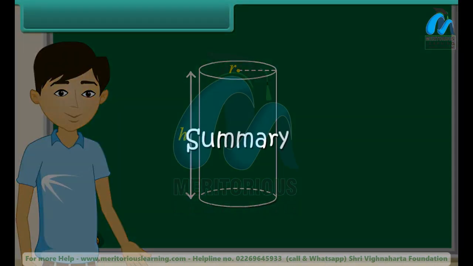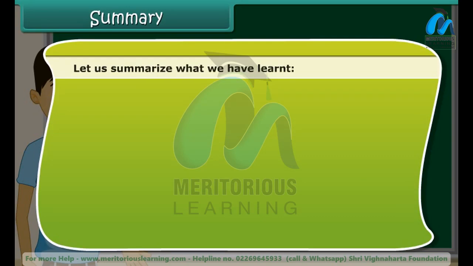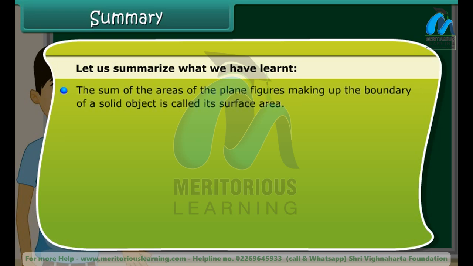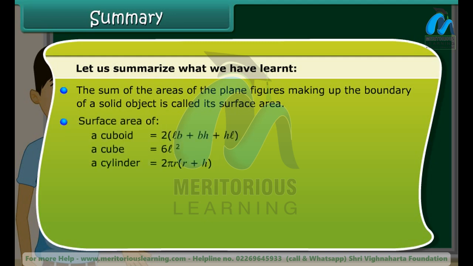Summary. Let us summarize what we have learned. The sum of the areas of the plane figures making up the boundary of a solid object is called its surface area. Surface area of a cuboid is equal to 2 into LB plus BH plus HL.